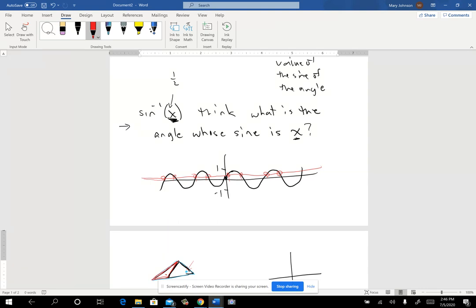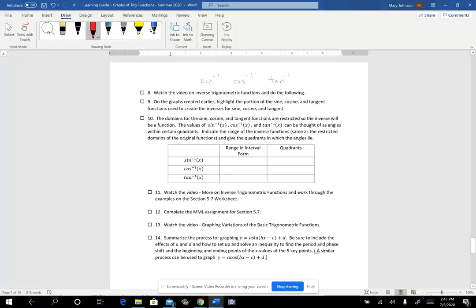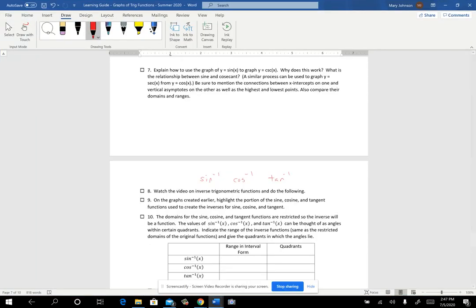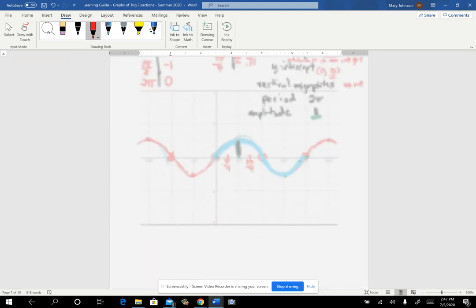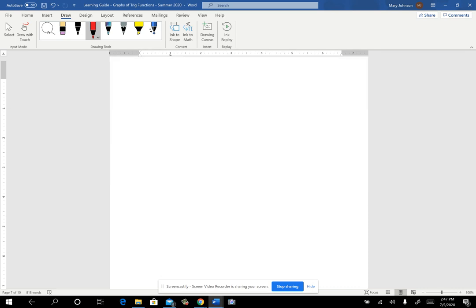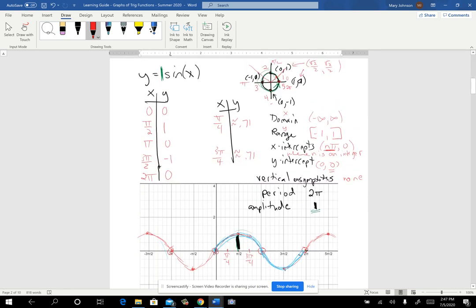Okay, so we have to restrict the domain so that when we do the inverse of the sine function with the restricted domain, we'll have the inverse sine function, and it'll be a function. All right, so let me go back and look for a moment at the original sine graph we did. Okay, there it is.